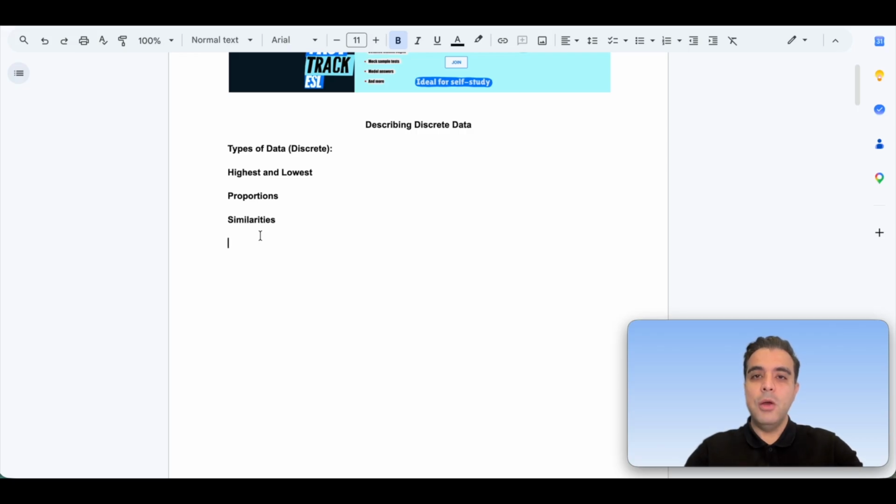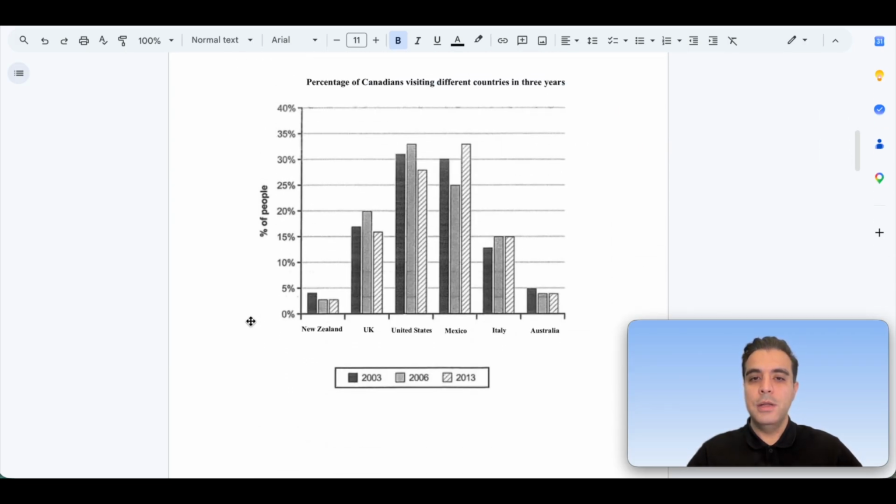Finally, we also want to draw comparisons. So look at this bar chart. You can describe the highest, the lowest, proportions, similarities, but sometimes you just want to say that one category was greater in quantity compared to another category, or one specific group were lower in quantity compared to another group.